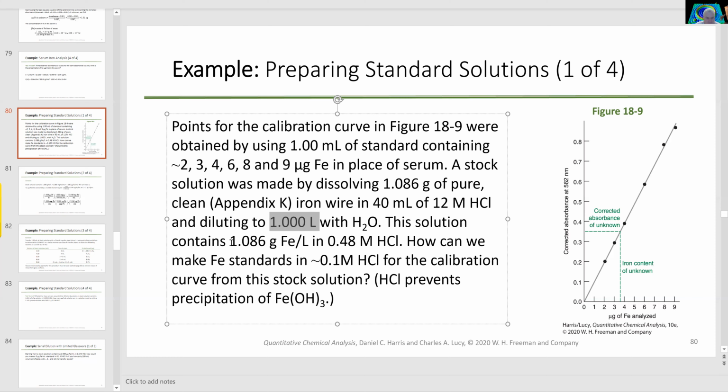And so this is 1,086 milligrams per liter, or also 1,086 micrograms per milliliter.